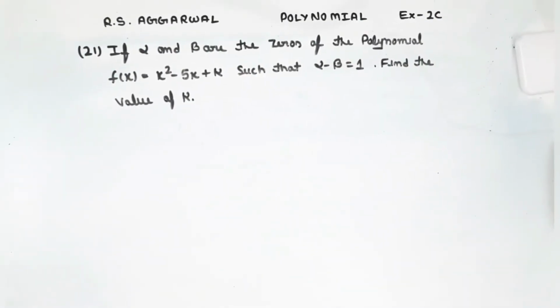R.S. Agrawal, chapter polynomial, exercise 2C, question number 21. In question number 21, if alpha and beta are the zeros of the polynomial f(x) equals x square minus 5x plus k such that alpha minus beta equals 1, find the value of k.